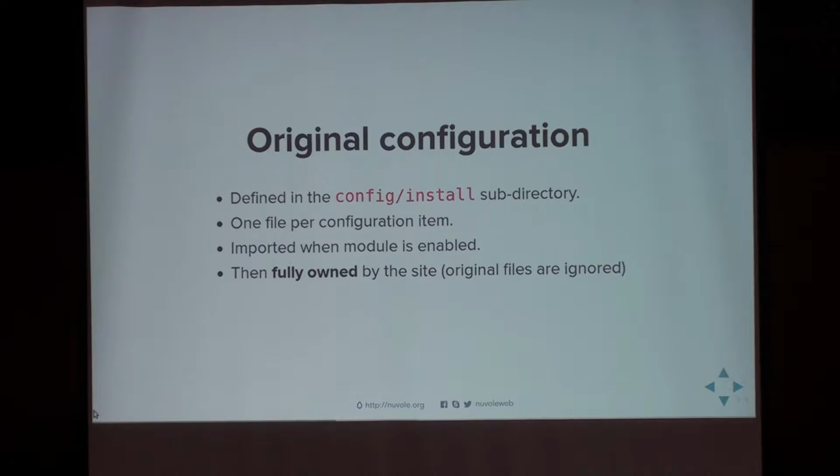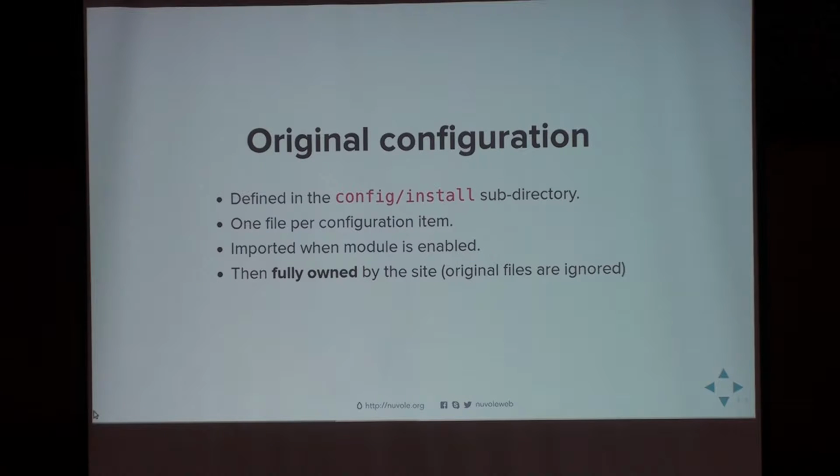The default configuration is in the config/install subdirectory. And after it is installed, the site owns this configuration. So when you as a module developer or as a theme or as a profile developer, you make this install or this default configuration, once it's installed, once it goes to the active storage, you don't own this configuration anymore.